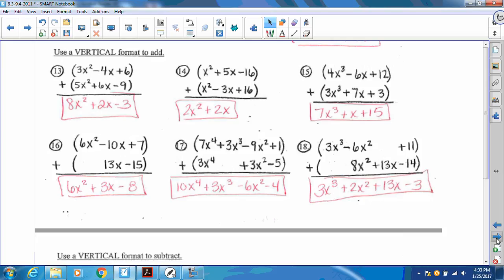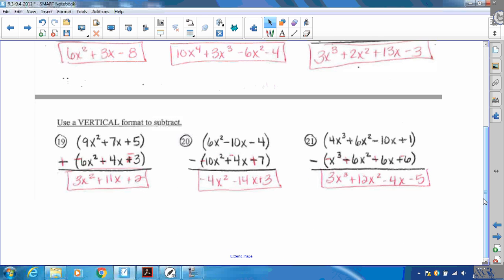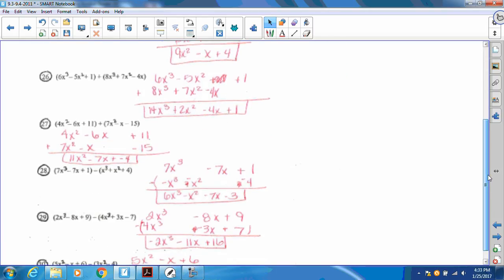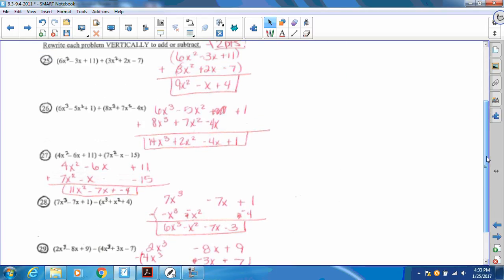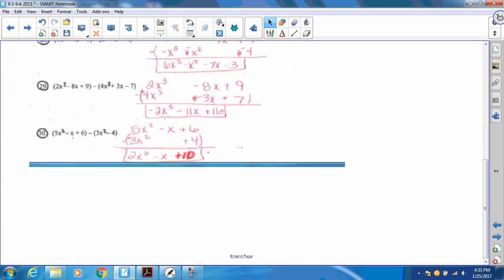Here are your next ones, 13 through 18, 19 through 21, and then 22, 23, and 24 at the top, and then 25 through 27, and then there are your last 3, 28 through 30. Oh, whoops, there's number 30.